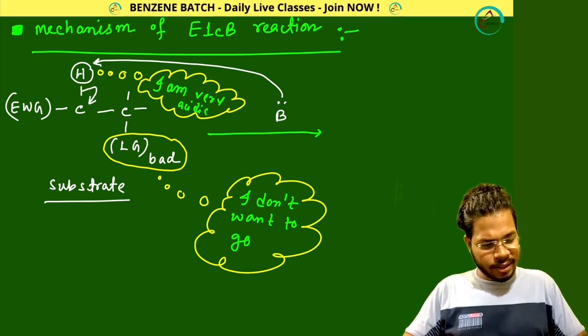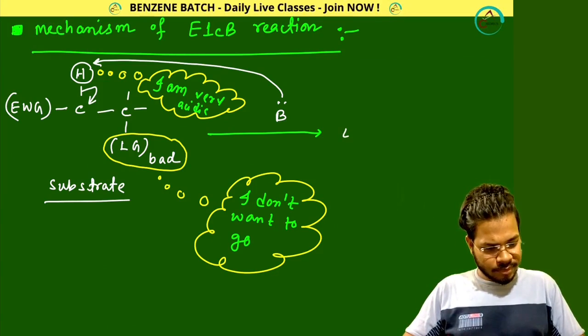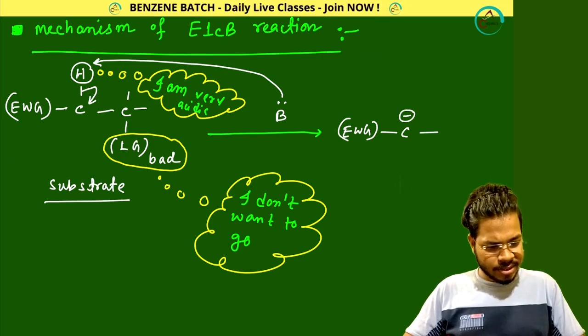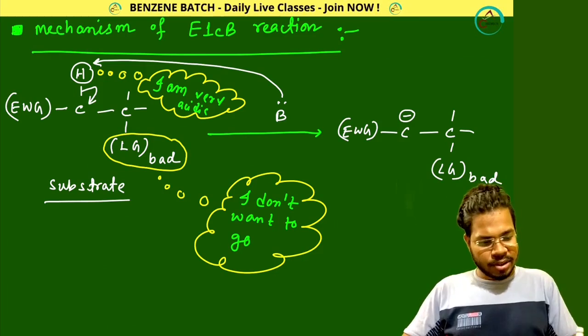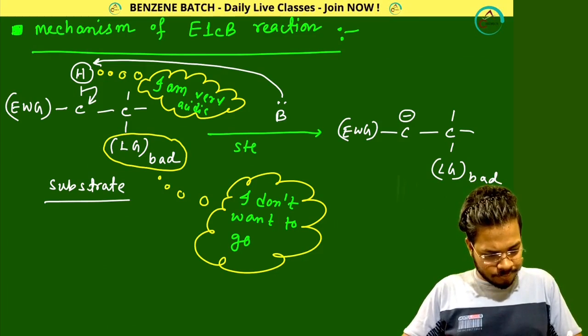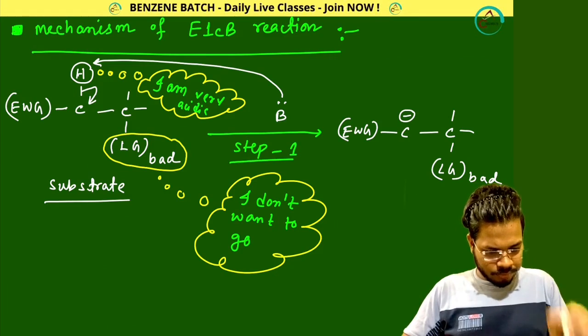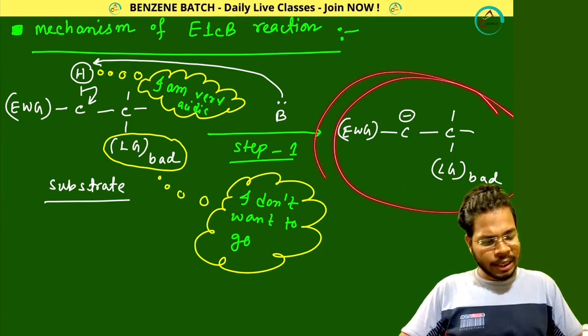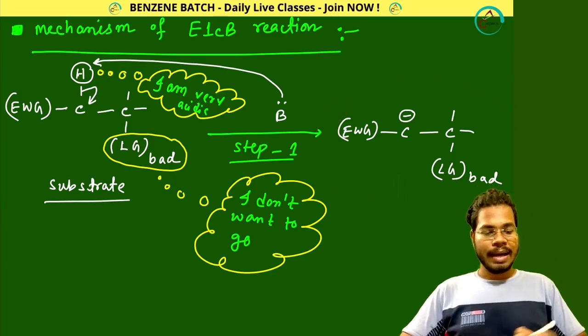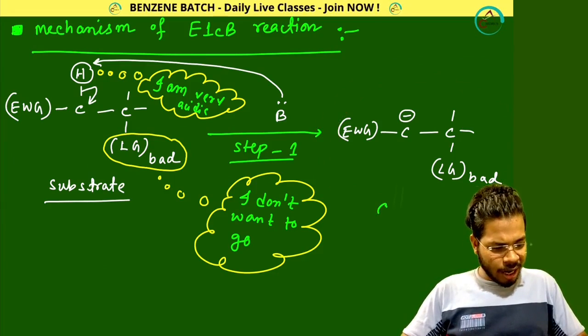What product will I get? I will get the electron withdrawing group attached to the carbon atom having the negative charge, and finally the bad LG. So this is my step 1. I have got an intermediate after step 1, and that intermediate is actually a carbanion.